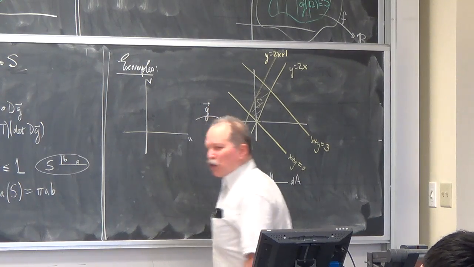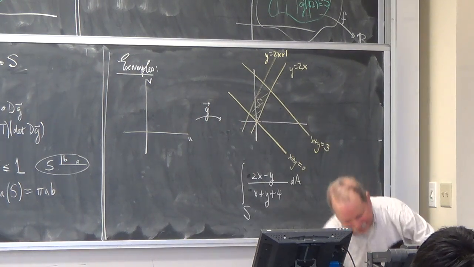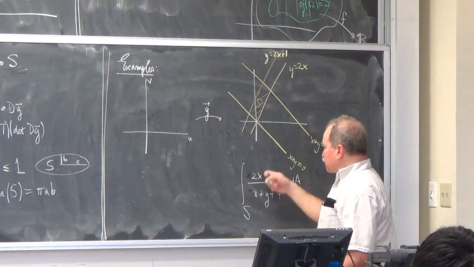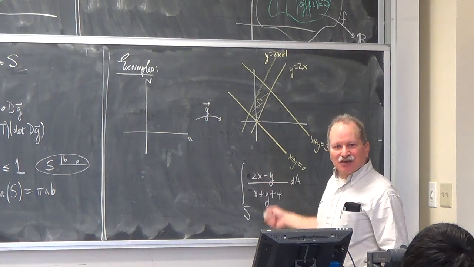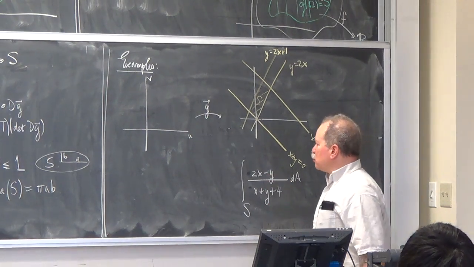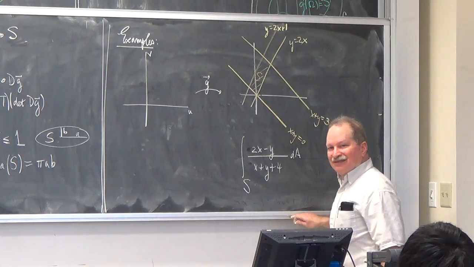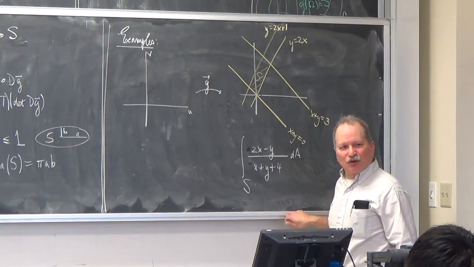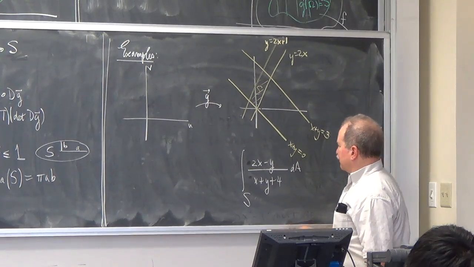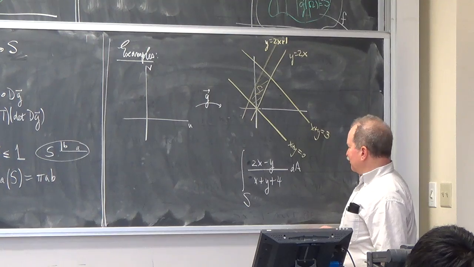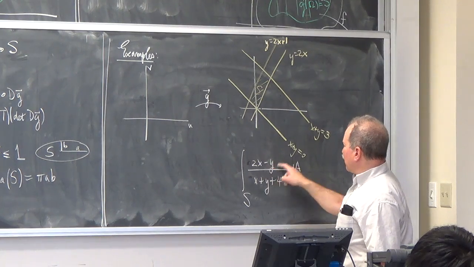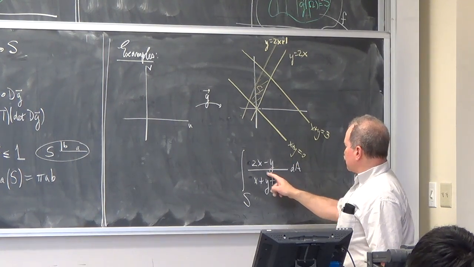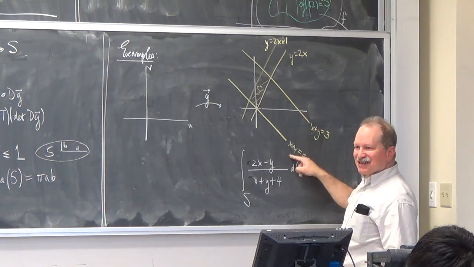You would think about what can I substitute to make the integral look simpler. So let u equal and let v equal, and what might you use? x plus y, 2x minus y. So 2x minus y would make that simpler, and x plus y would make these things simpler.